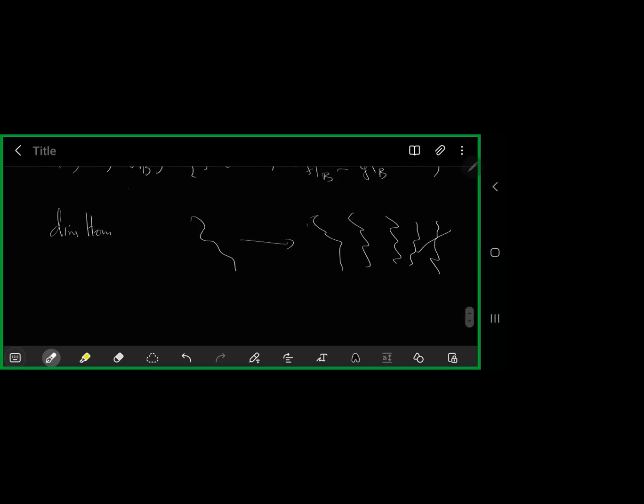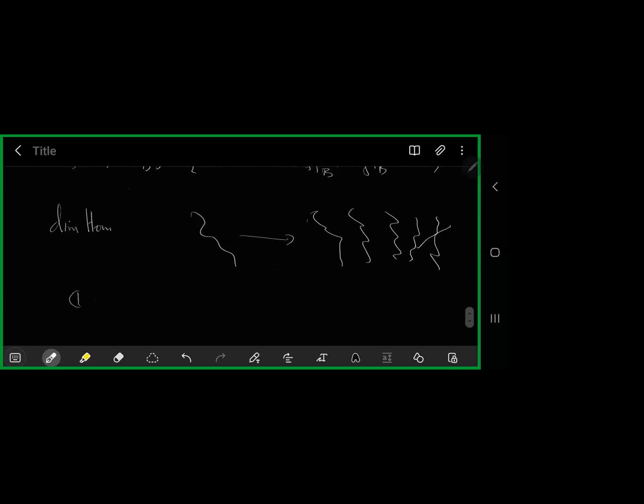So the question is, can we deform? Question one, can we deform the curve? And question two, will it eventually break?